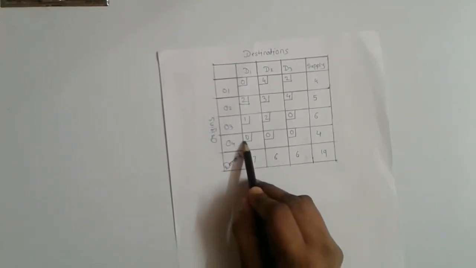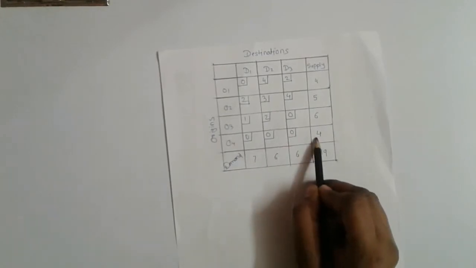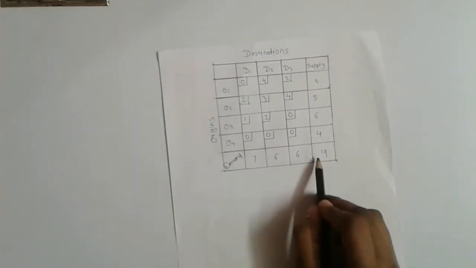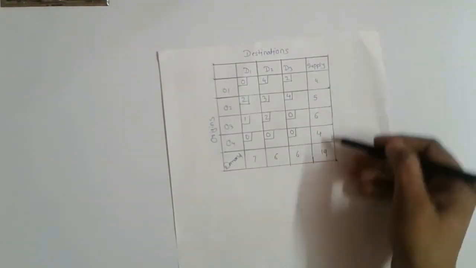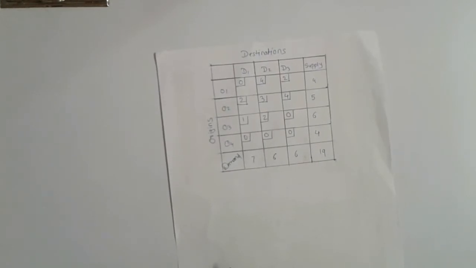So here we have added a row having the transportation cost as 0 to each cell and the supply as 4 units. Now the total demand is 19 units and the total supply is also 19 units. That means the problem is balanced now. So we solve it by northwest corner method.